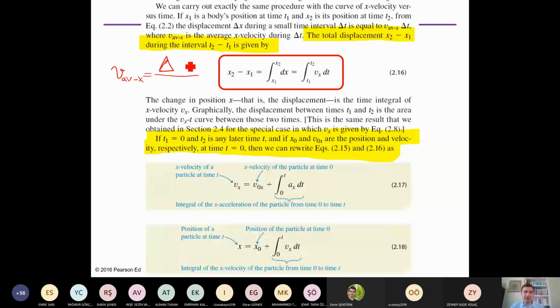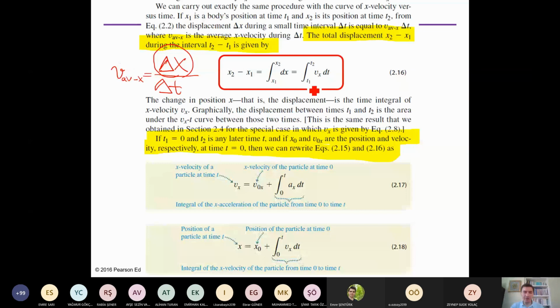What is delta x? x2 minus x1, okay? So here, just take delta x, which is given by the integral from initial position to final position. And instead of dx, I can write v times dt, Vx times dt from the initial time to the final time.